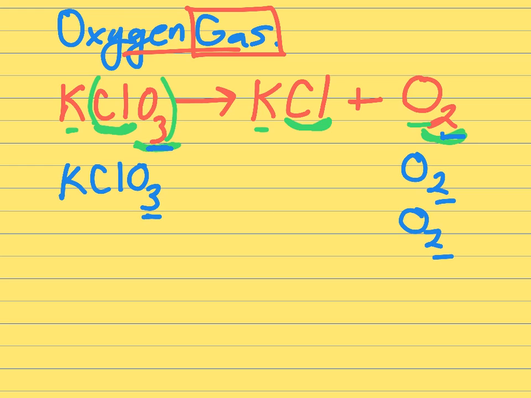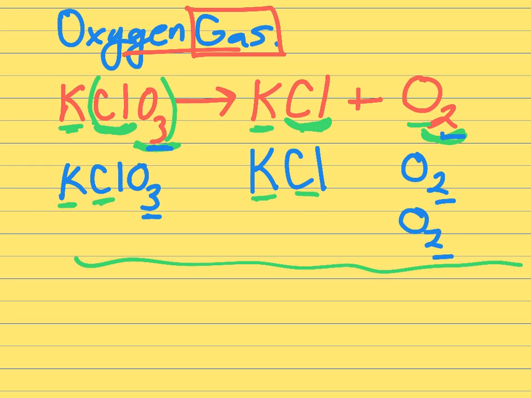So the O's are balanced. Unfortunately, that threw off my chlorine and my potassium a little bit. Now I have 2 potassiums, I only have 1, and I had 2 chlorines and I only had 1. So it's a pretty easy fix though. If I put another one of the potassium chlorides, now I do have 2 and 2. So there we are.